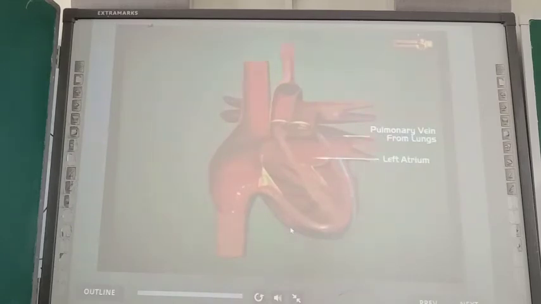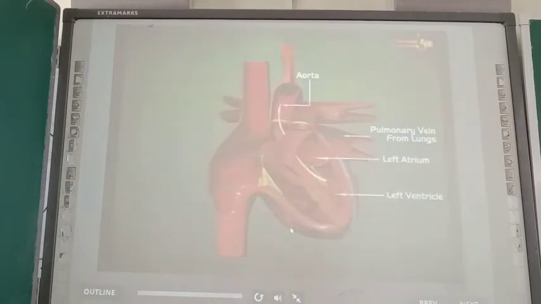The left atrium communicates with the left ventricle through the bicuspid or mitral valve. The left ventricle pumps the blood into the aorta to send it to all parts of the body. A semilunar valve present at the base of the aorta prevents the backflow of blood at this point.